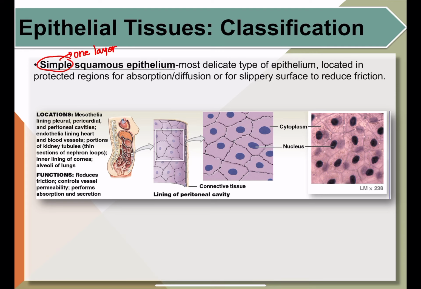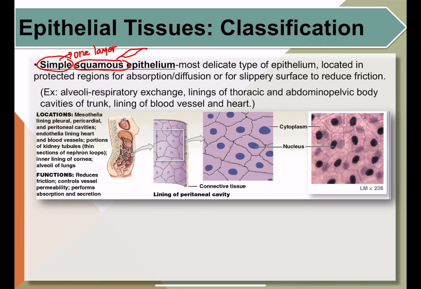And squamous, we just said, means flat and scale-like. Out of all the different types of epithelium, this is the most delicate one, and because it has only one thin layer, it is very efficient for allowing diffusion or absorption of materials where things need to get across a membrane very quickly. Now, this is not talking about the intestines.